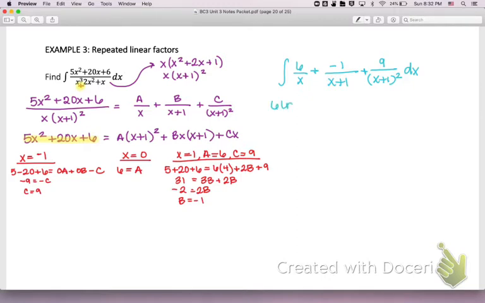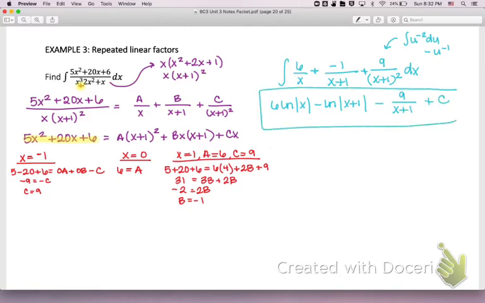So we're going to get 6 times the natural log of the absolute value of x minus the natural log of the absolute value of x plus 1. This one, u is going to be x plus 1, du is going to be dx, but this ends up being the integral of u to the negative 2 du when we do that. And so that's going to give us negative u to the negative 1. So this will be minus 9 over x plus 1 plus c. That is what we get.